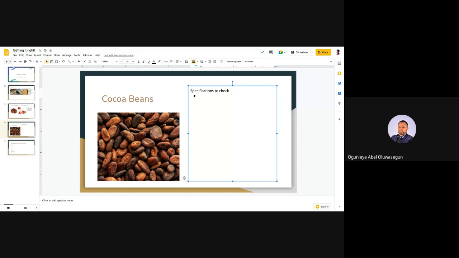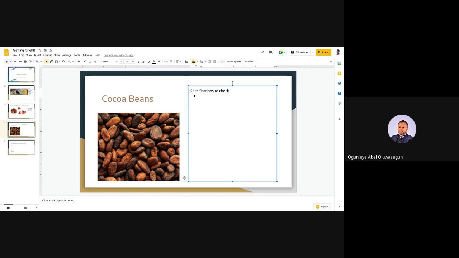Of course, we are recognized, but we are not where we're supposed to be. We are down the log. So what are the problems we need to work on in order to be at the right spot?